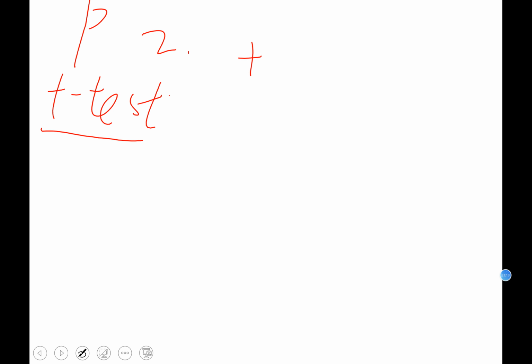So here, this is the special number which can help us to make the decision, which can help us to get the probability, the p value. This is the test statistic, t value. And we need to figure out this number with some special formula. For example, in t-test, the formula is like this.